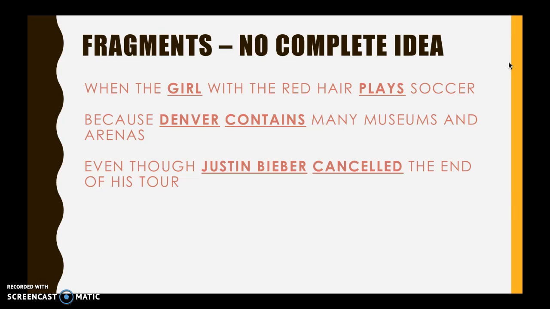In each of those examples, you have a subject and a predicate, but there's no complete idea. What happens when the girl with the red hair plays soccer? What's the result? Because Denver contains many museums and arenas. What did you do, even though Justin Bieber canceled the end of his tour? Without that information, the sentence is not complete, and therefore, even though it has a subject and a predicate, it's still a fragment.